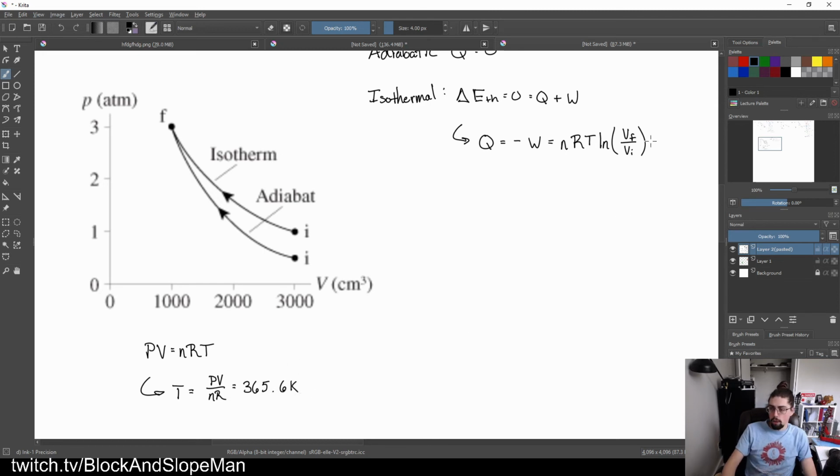Take that value, and I'm going to go back up here, and I really don't want to convert the volumes again if I don't need to. So nRT natural log of VF over VI, that's 1,000 over 3,000, or 1 over 3. We don't have to worry about any units. It works itself out. Plug in the other values that we've got for the number of moles and for the temperature we just found, and the heat, in this case, exchange should be something like negative 334 joules.